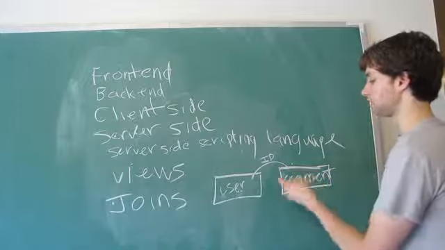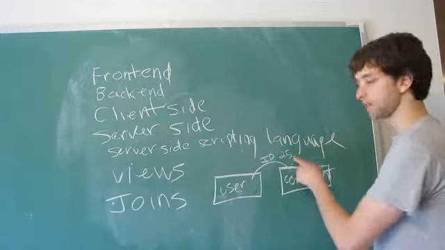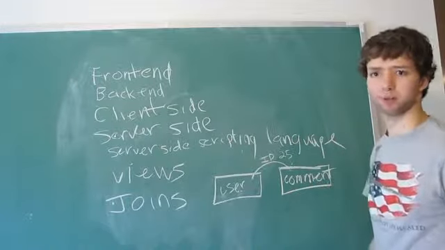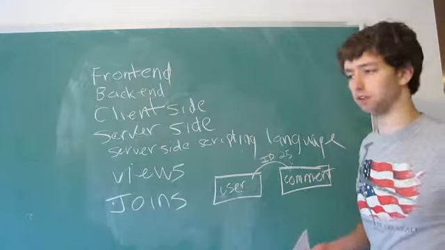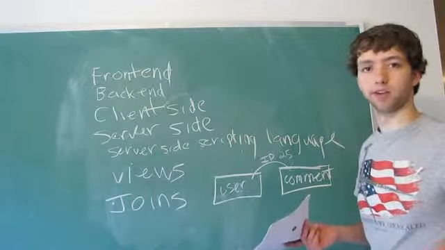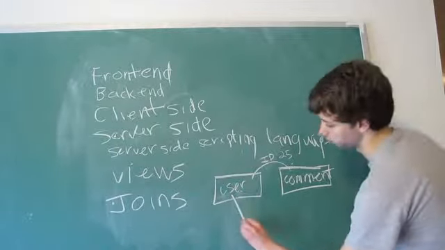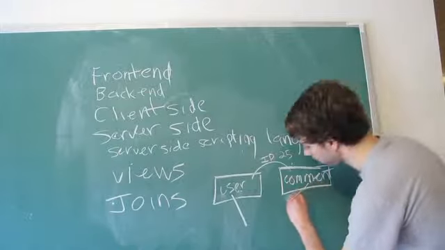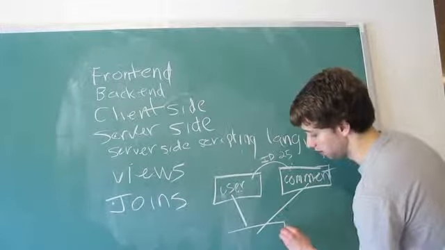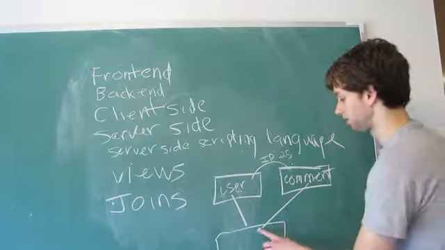Well, this ID, let's say it's the ID of 25, right? Well, instead of saying this comment was by the person with the user ID of 25, we want to say Caleb Curry. So we have a join taking the name from the users table and connecting it with the comment of the comments table to get this new generated table.